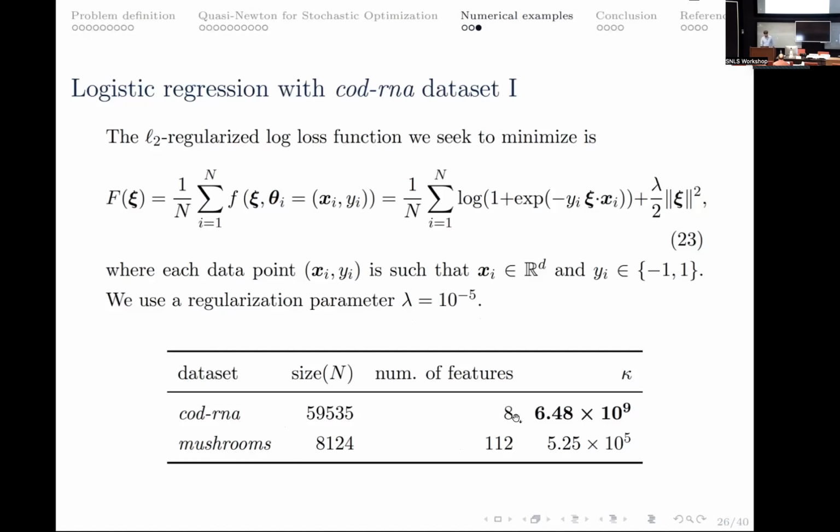So the first data set has a small number of features. There's a small number of optimization variables, just 8, but it has a really large condition number. And the second case has a much larger number of dimensions, so interesting in this sense, but somewhat smaller condition number, even though still quite large.